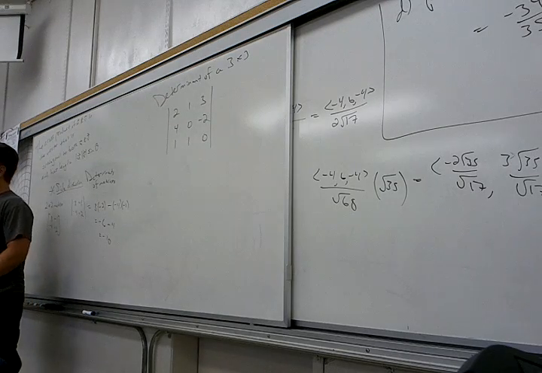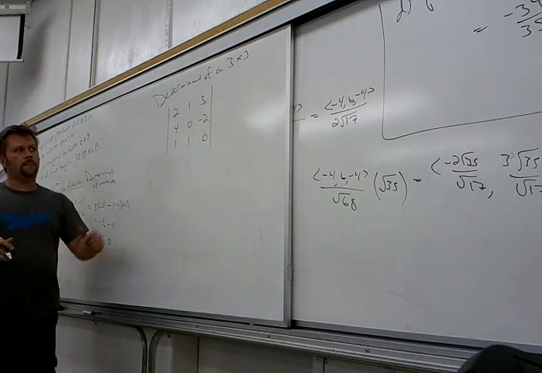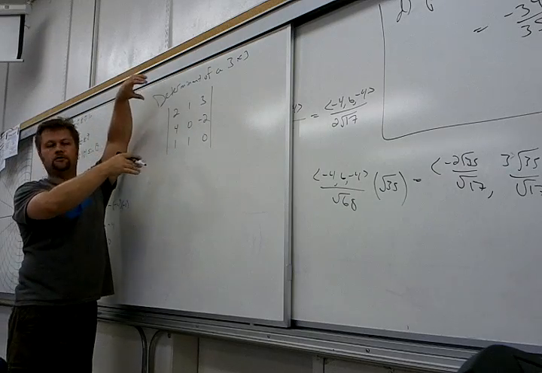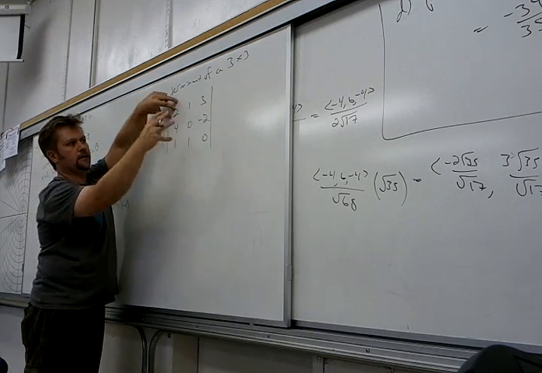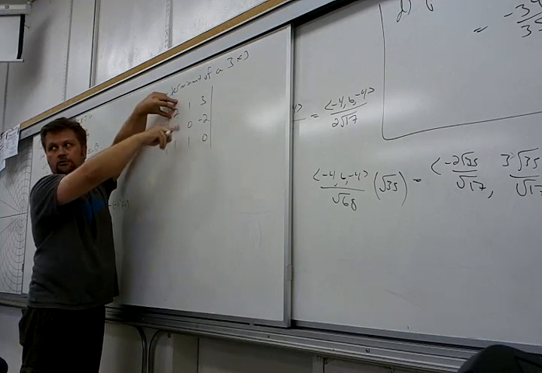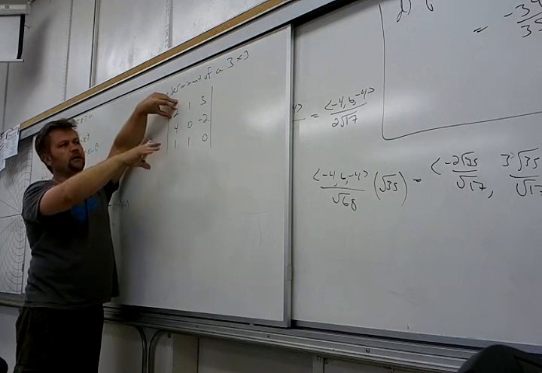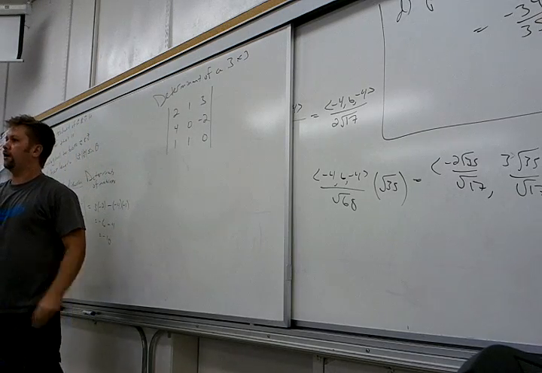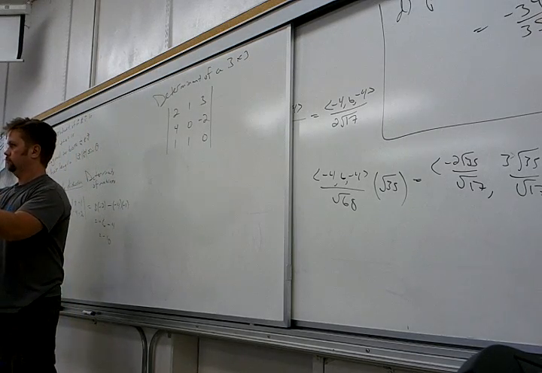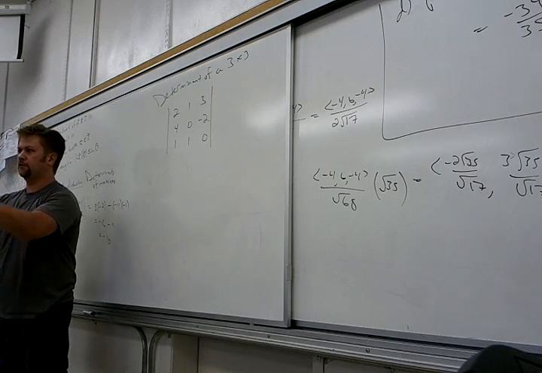I pick a row or a column, but notice how I can't do 2 times a number, because there's not a number here. There's another little matrix here. So I'm going to purposely do this in a stupid way, and then we'll go back and do it a smart way and see that we get the same answer.